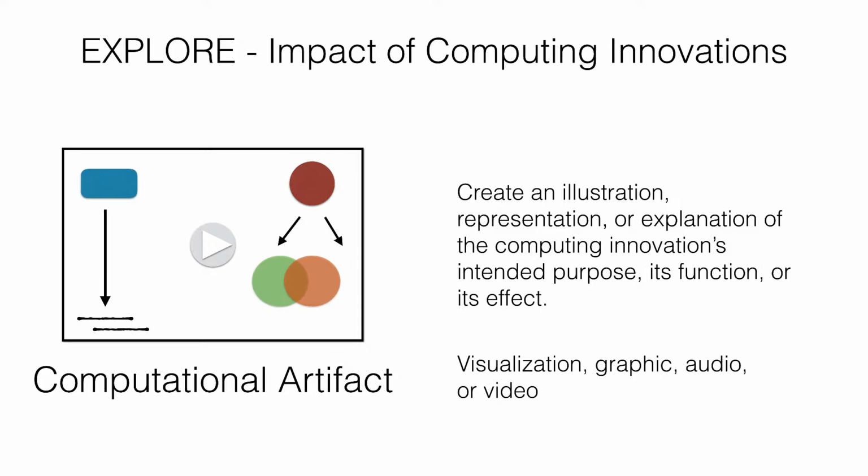So you can do an infographic using Pages or using Keynote. You can use audio narration over slides. So you could use Keynote and then just record the Keynote presentation. You can do a video. You can act it out and do the video. There's all kinds of things that you can do. But the computer needs to be a part of making that artifact, which is what makes it a computational artifact.